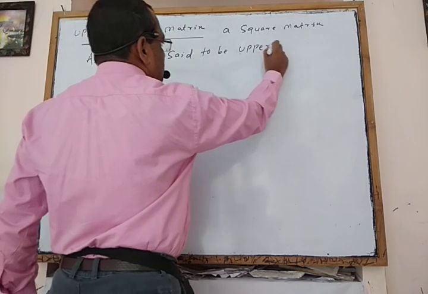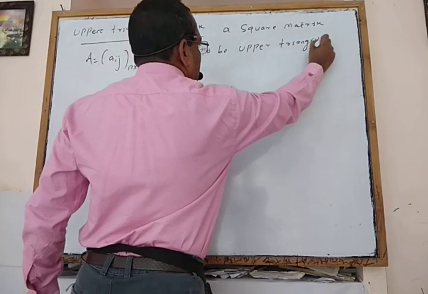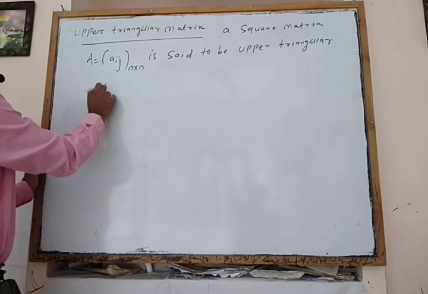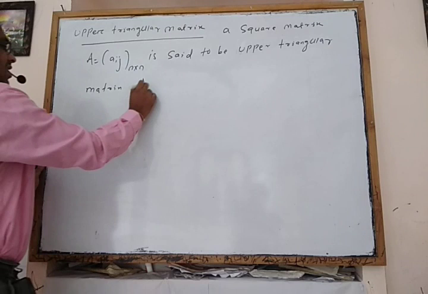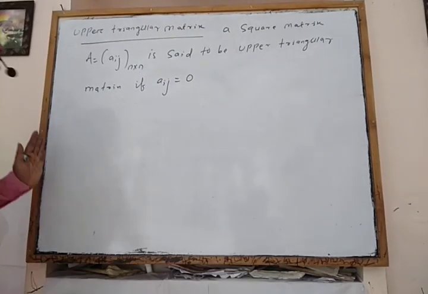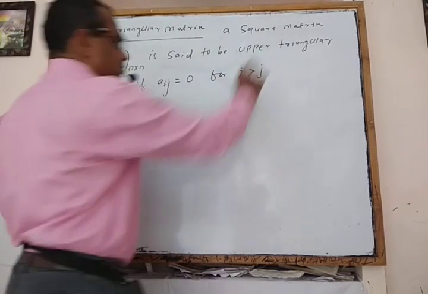Upper triangular matrix: a square matrix A = [aij] is upper triangular if aij = 0 for i greater than j.